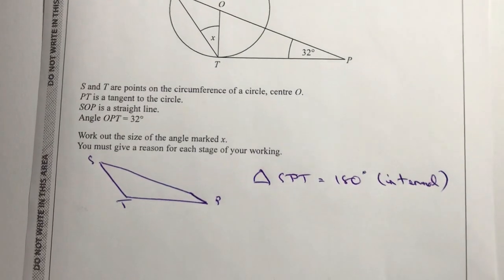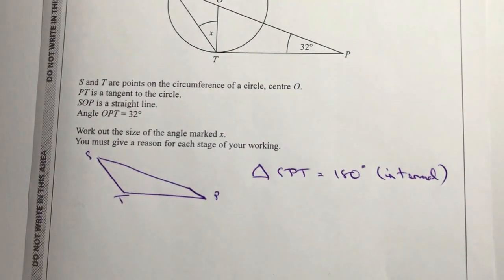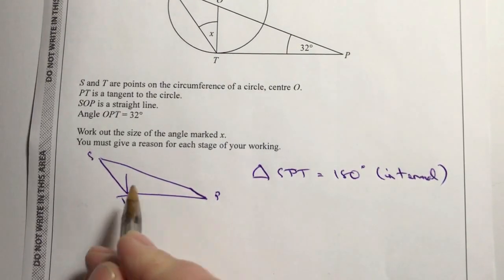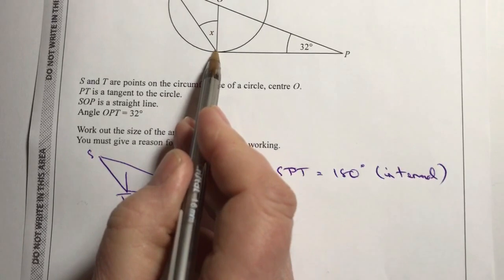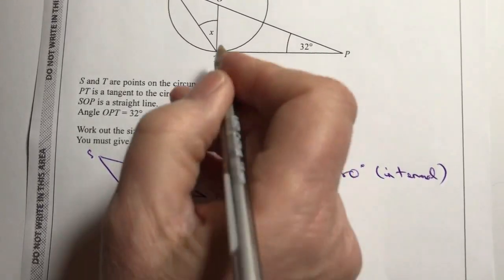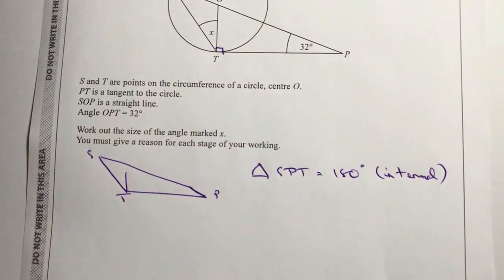So it's going to allow me then to work out a little bit of information about this. You can see here part of it is this radius along here, and that meets a tangent, and you need to know that it meets a tangent at 90 degrees. Okay, so let's have a look at adding angles together.